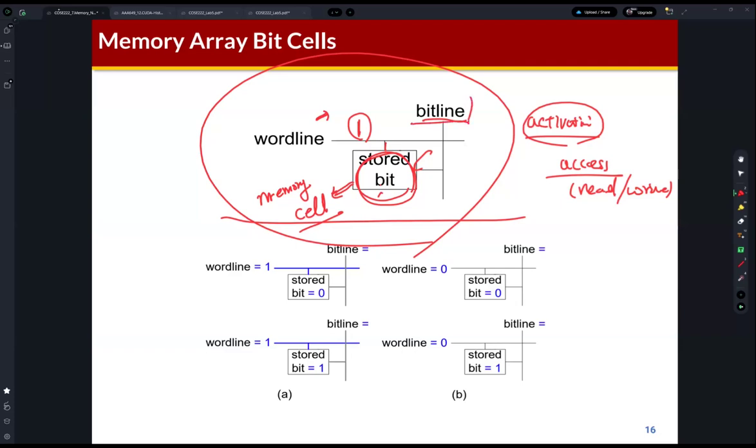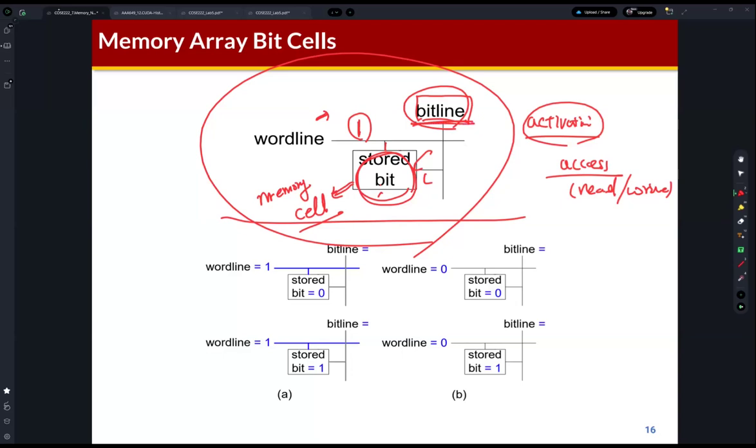using the bit line. In order to read or write certain data to this memory cell, we require the wire, right? The wire for accessing this memory cell. Using the bit line, the data can be read or stored to this memory cell.